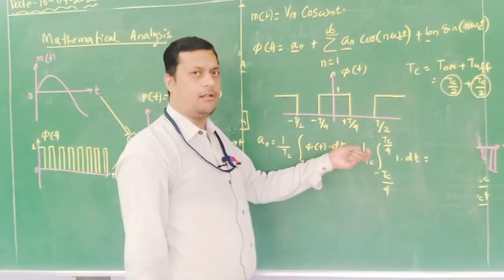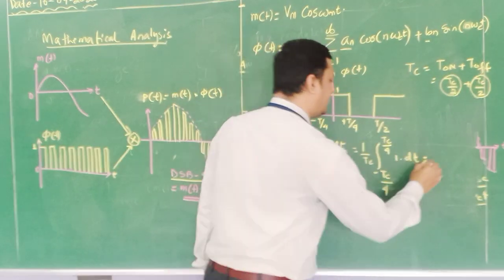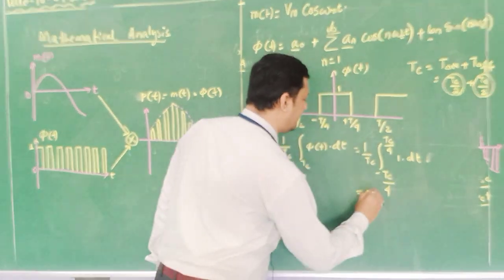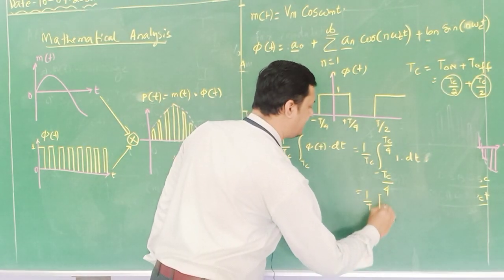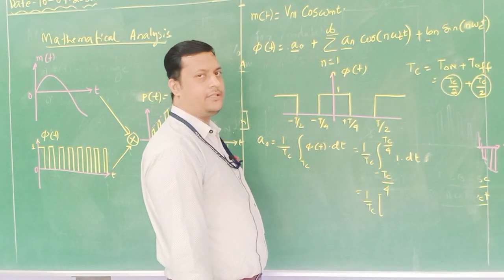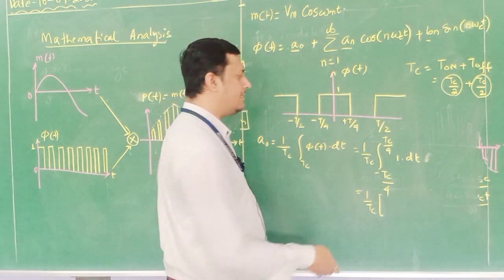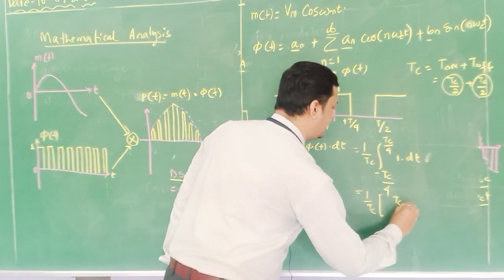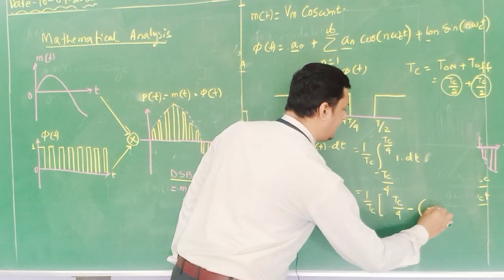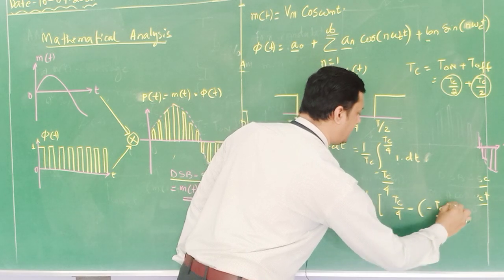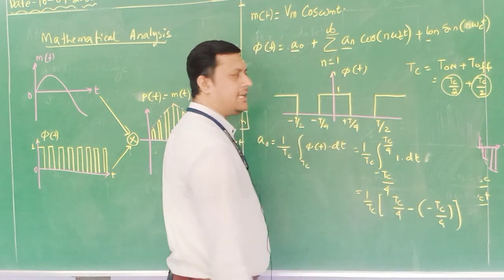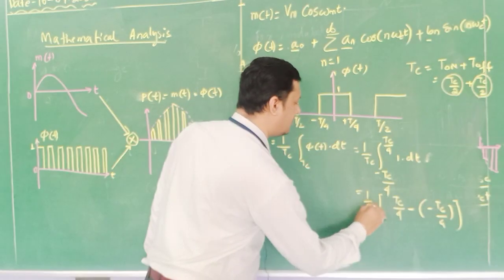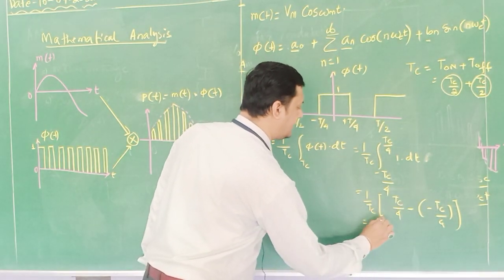Now if you solve this, how much we will get? We will get 1 by Tc, integration of 1 with respect to dt is t, and here it is Tc by 4 minus of minus Tc by 4. So it is Tc by 2 and Tc will be cancelled out.